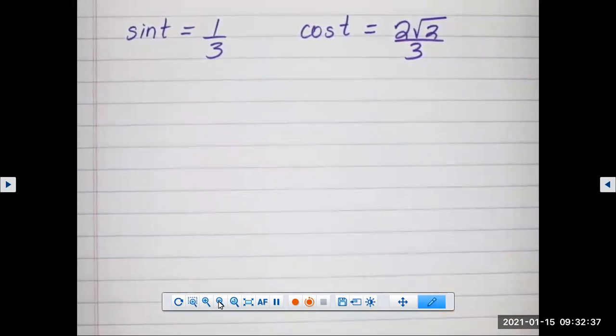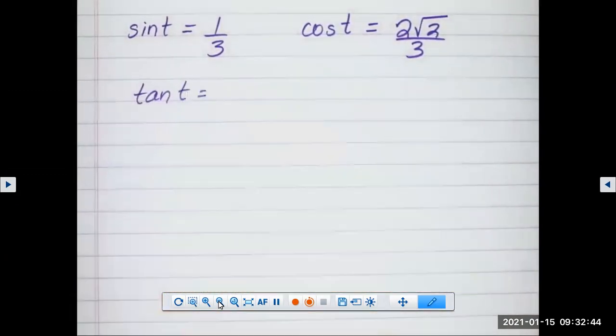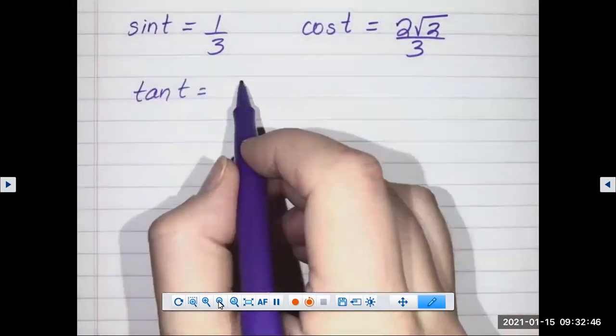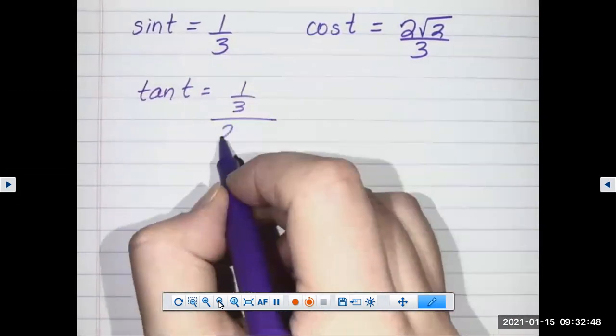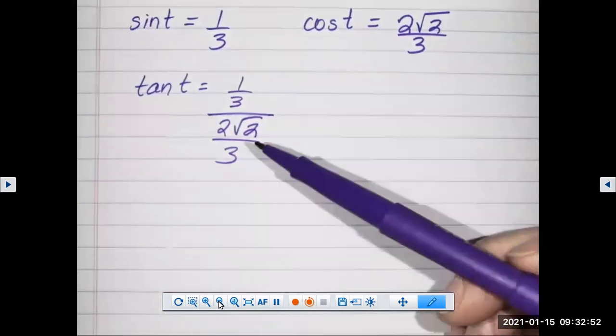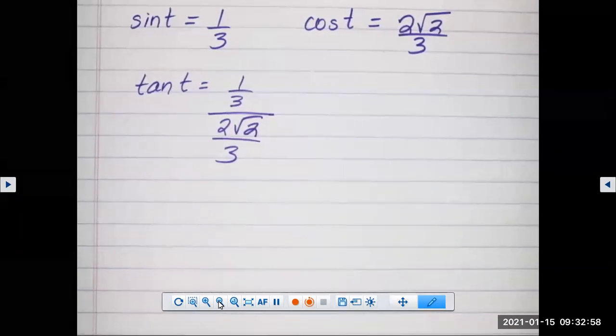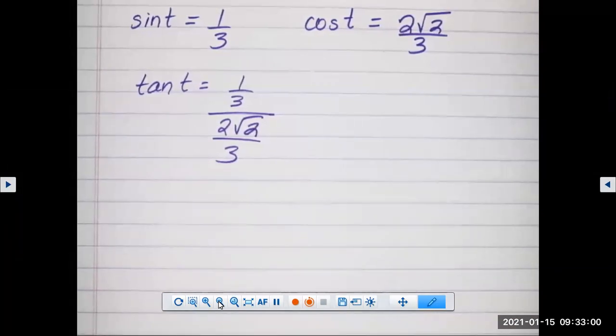Good, flipping. How would you get tangent? Tangent is sine, good, over your cosine value. So then you would just flip this fraction, multiply it to 1/3. Simplify that and then flip it to get cotangent. Okay, so working on your 4.2 stuff.